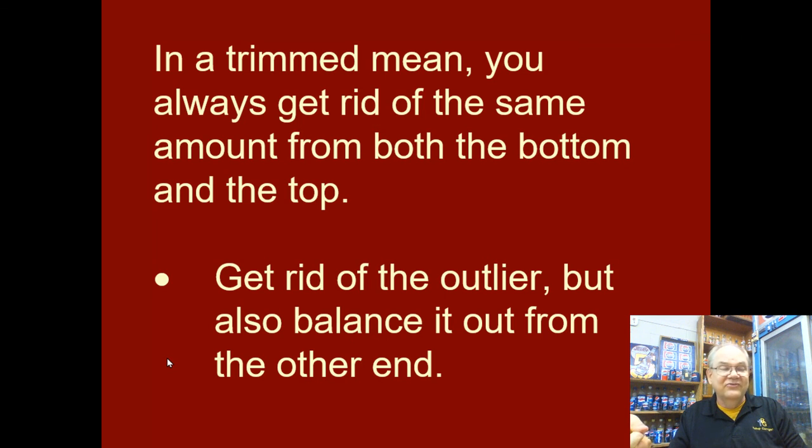The mode, that's the most common. We talked about the mid-range, where you average the top and the bottom. And then we talked about a trimmed mean, where you get rid of numbers from both ends and average what's left. And that's basically the first part of one variable statistics, finding those averages, finding measures of central tendency.